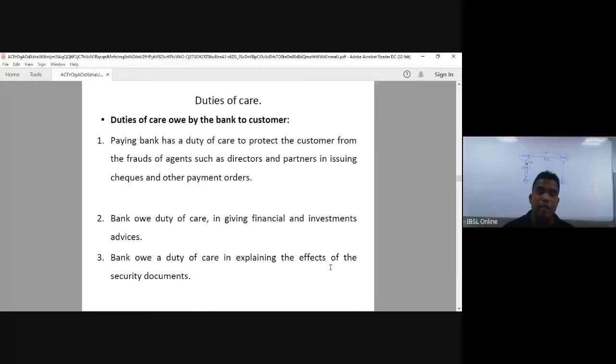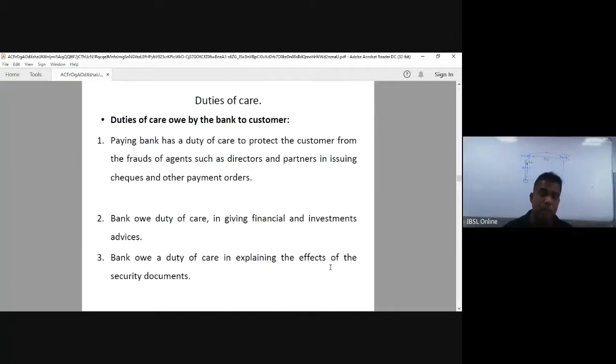The paying bank has a duty of care to protect the customer from the fraud of agents such as directors and partners in issuing checks and other payment orders. This is very important when you are paying checks as a paying bank.